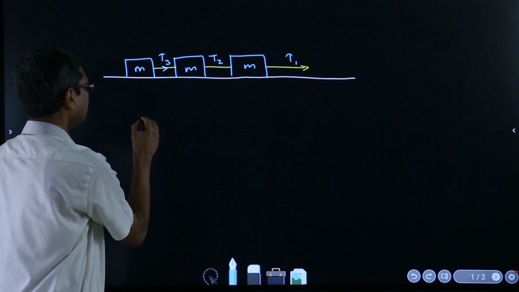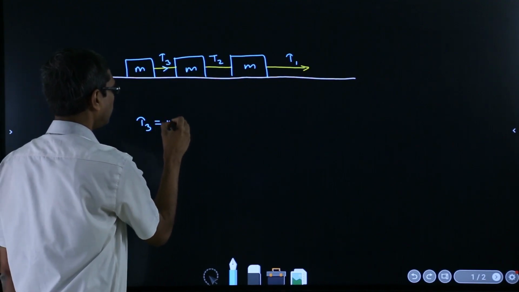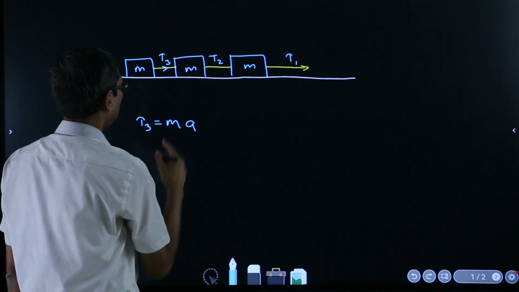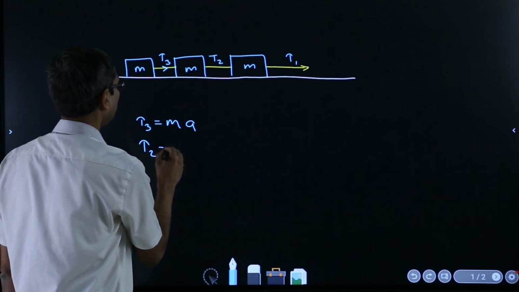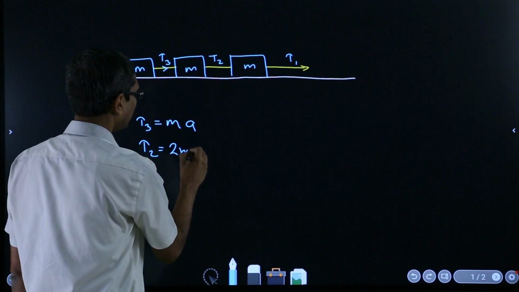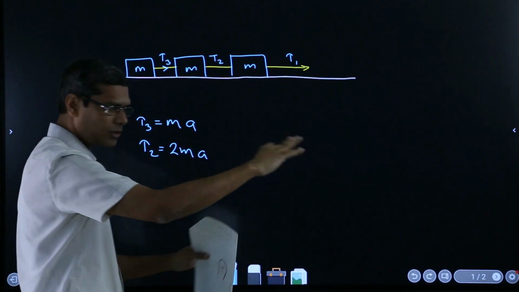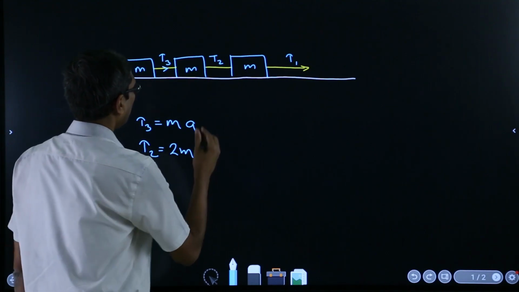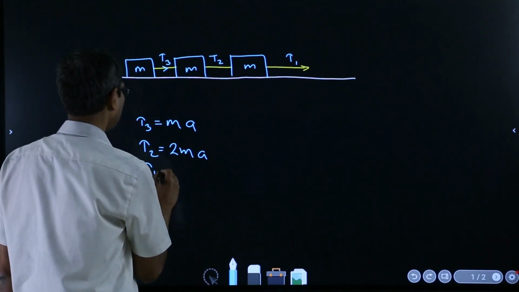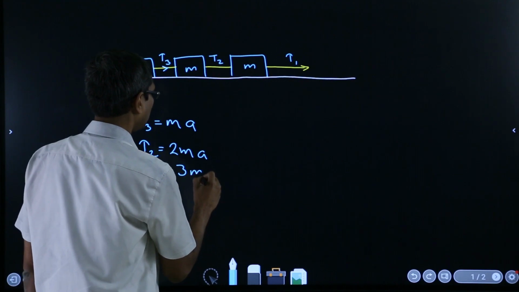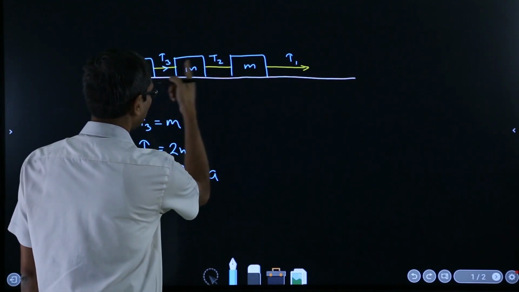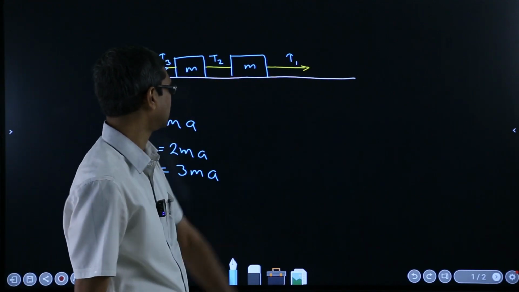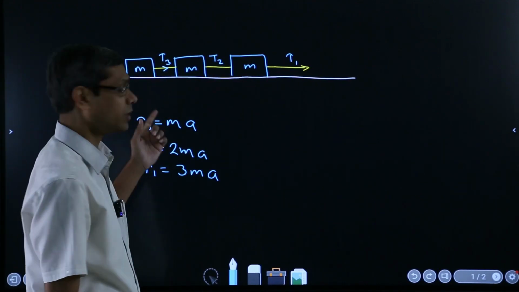Now T3 is responsible for mass times acceleration, but T2 is responsible for 2 mass times the same acceleration, because the whole thing is accelerating at a single acceleration, okay. And then T1 will be 3 times m times the acceleration. So the tension keeps on increasing as you go to this side, even if it is frictionless.